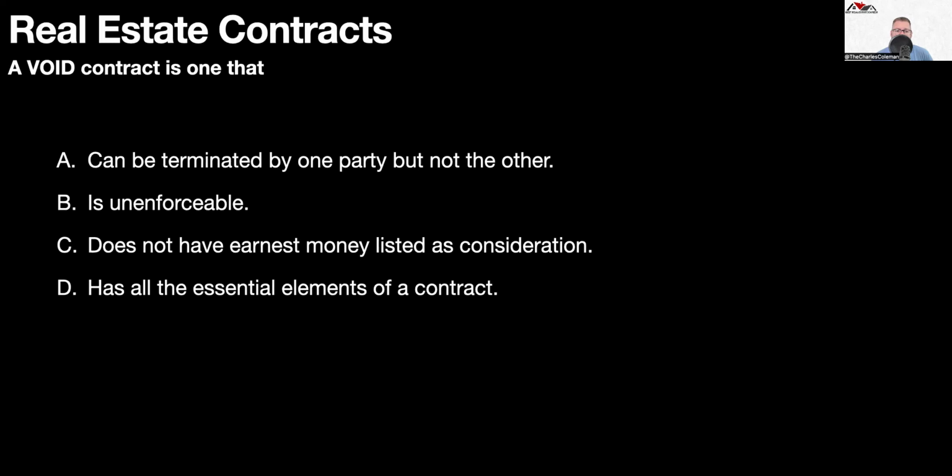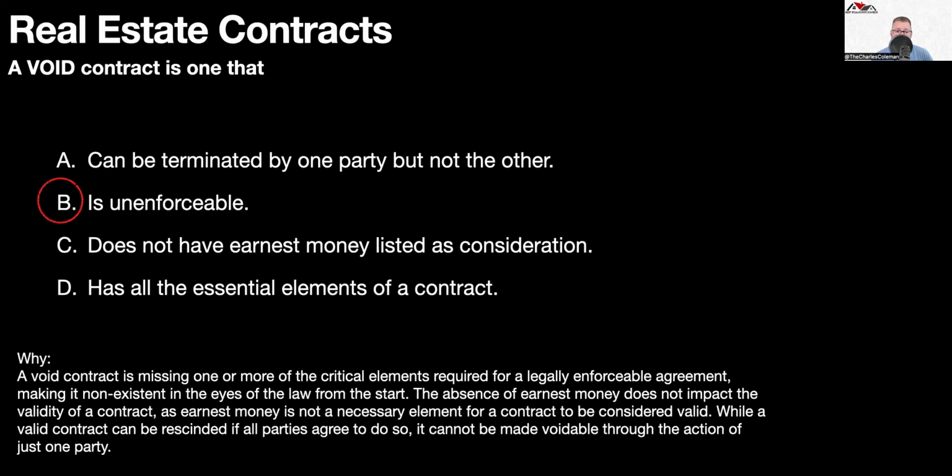A void contract is one that is unenforceable. A void contract is missing one or more of the critical elements required for a legally enforceable agreement, making it non-existent in the eyes of the law from the start.